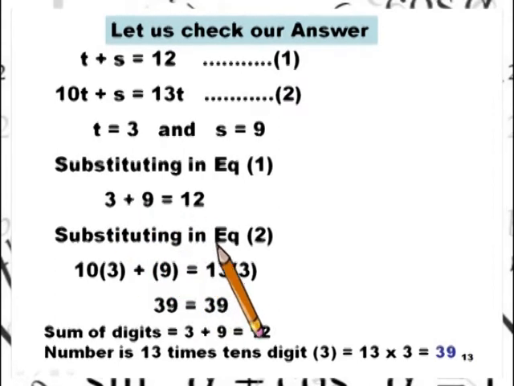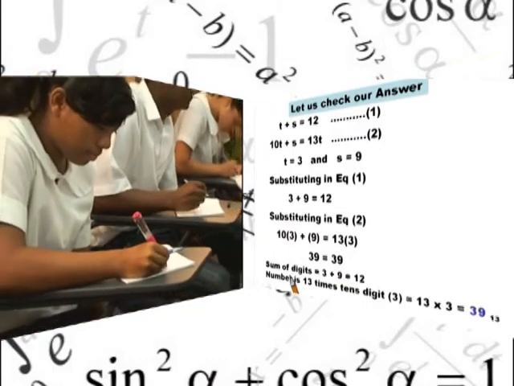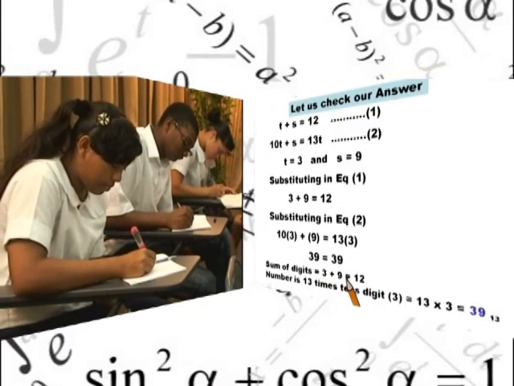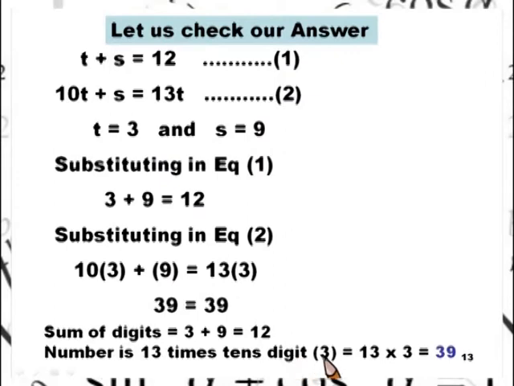Substituting in equation 2, 10 by 3 plus 9 equals 13 by 3, 39 is equal to 39. The sum of digits equals 3 plus 9 equals 12. The number is 13 times the tens digit, which is 3, equals 13 by 3 equals 39.